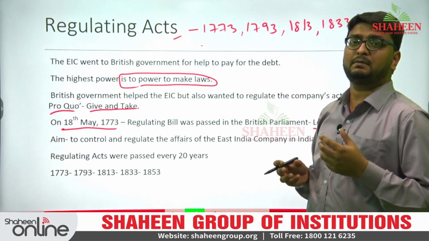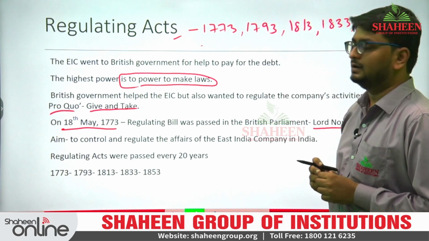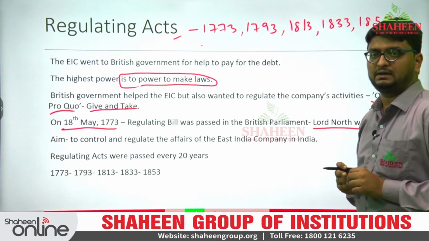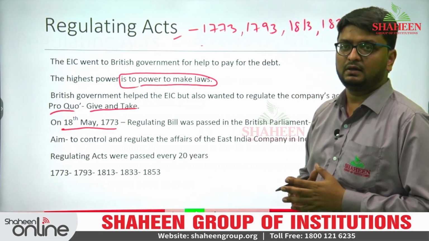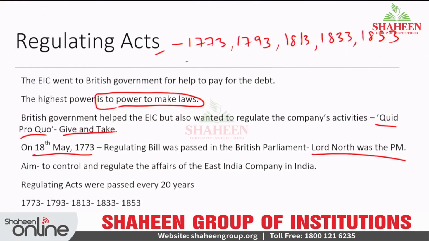So what was the purpose of the Regulating Act? There were three purposes we can note when we come across the regulating acts. Number one is to weaken the East India Company. Number two is to strengthen the British government.